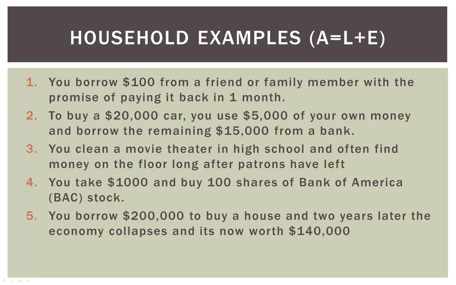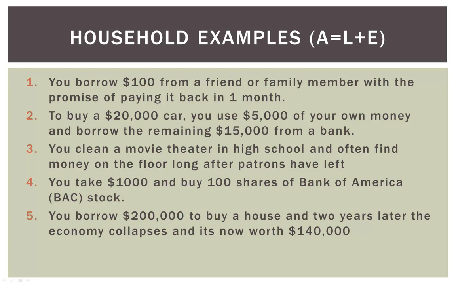And number five, and unfortunately this is all too common nowadays, as I'm sure you all know. So let's say you borrow $200,000 to buy a house, and 2 years later, the economy collapses, and all of a sudden your house is now worth $140,000. Well, you can see the problem here.